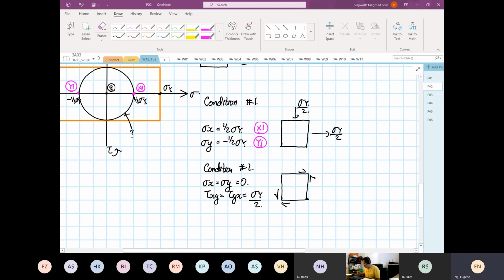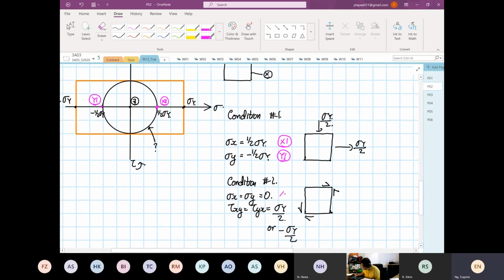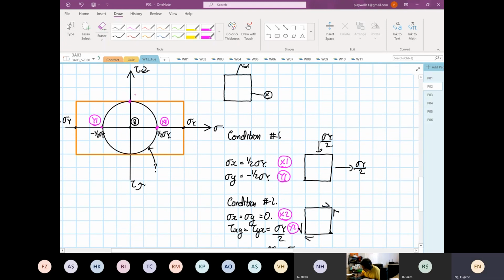It can be either positive or negative. So I'm going to call this x2, y2. Now the point changes to over here, so x2 and over here y2.